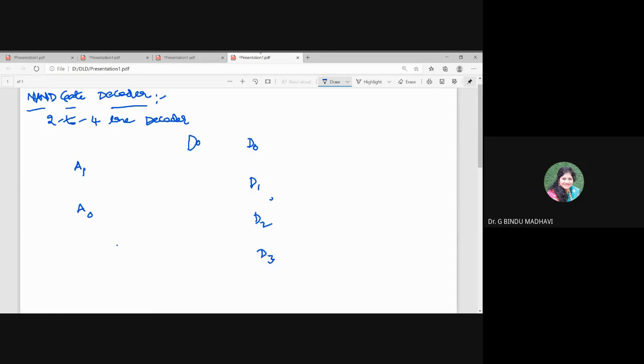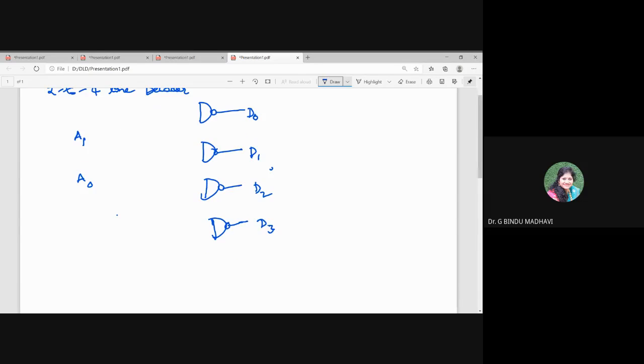So these are the outputs of the NAND gates: the first NAND gate, second NAND gate, third NAND gate, fourth NAND gate. Now, A1 and A0 are inputs. If you want to activate the circuit, you need to have the E value.